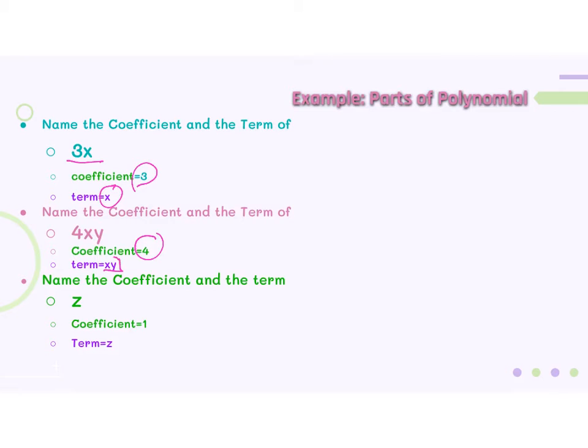The term is xy because they are next to each other, joined by multiplication. If you see two letters written by each other, you can also write it as 4 times x times y, but you don't need to. You can just write 4xy and it means the same thing.